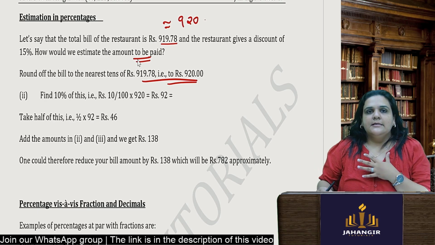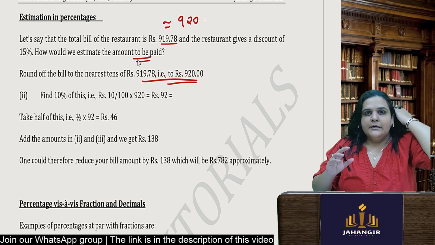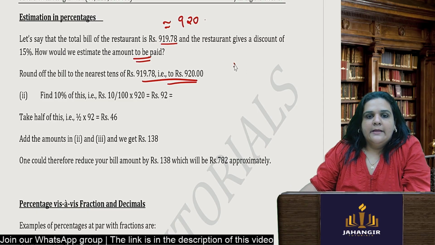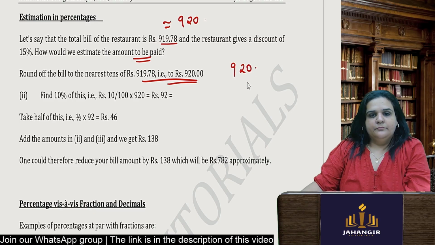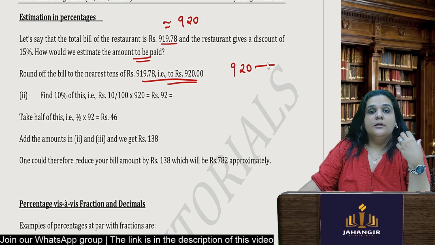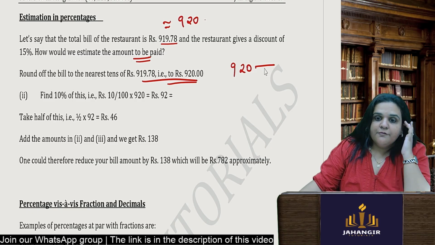Now they have given it in a very tricky way, but see how I am solving. The total bill is 920. So basically this is going to include the discount of 15%.